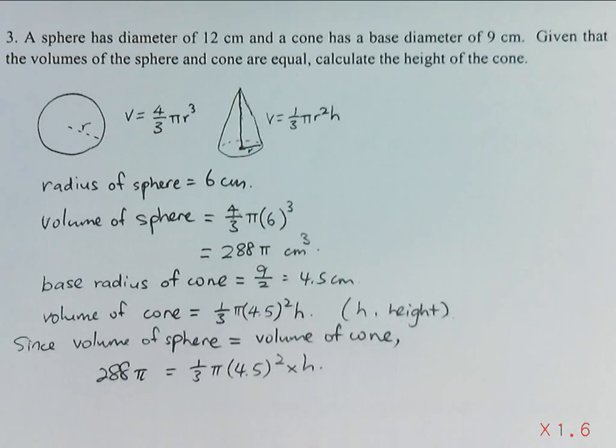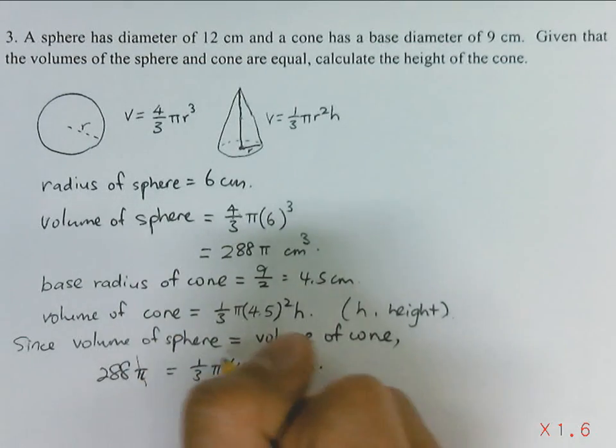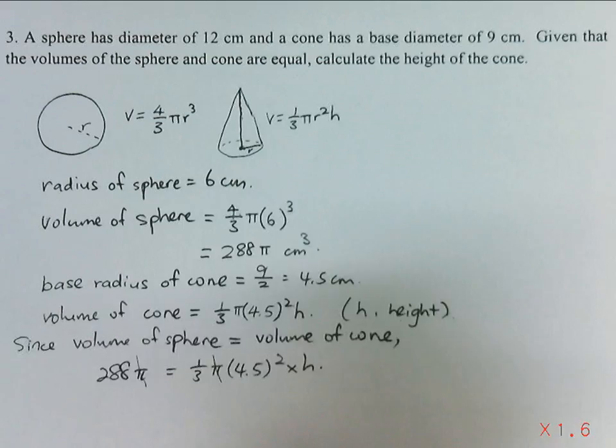Now notice that on both sides of the equation, pi is a common factor, so we can simply just cancel it out. And that, bringing over all the other terms, it will necessarily leave us h as the subject.